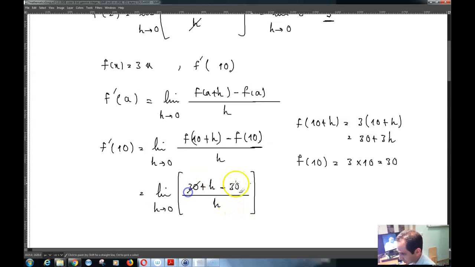And so you can again cancel out these two numbers, and of course this is supposed to be 3h, 30 plus 3h. And so you can cancel out h and h, and so this is the limit of 3 as h tends to 0. So what that gives you is, again, a 3.